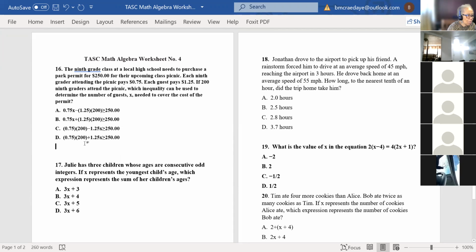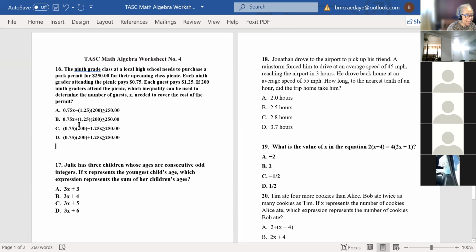Okay, you had D. 75 cents is what the students are paying, right? Plus 75 cents times 200 plus the $1.25 times X, and the money they need to raise has to be greater than or equal to 250. So that is correct. Yes.